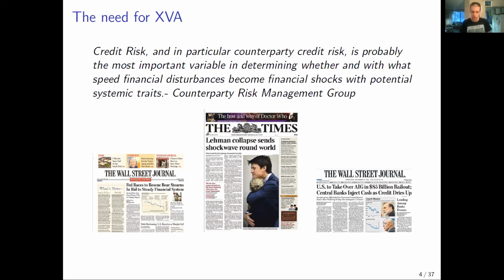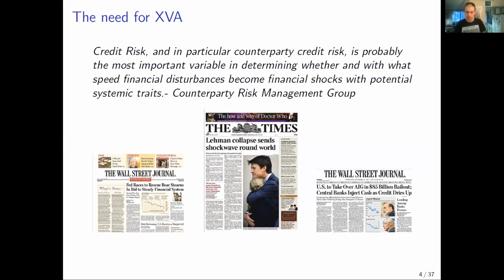Okay, and here we have a quote from an industry group called the Counterparty Risk Management Group, and it says, credit risk, and in particular, counterparty credit risk, is probably the most important variable in determining whether and with what speed financial disturbances become financial shocks with potential systemic traits.